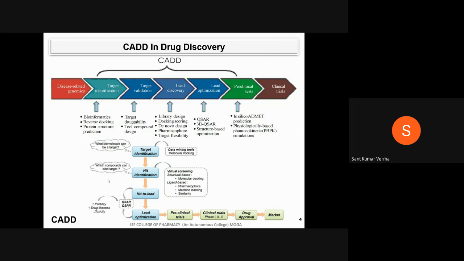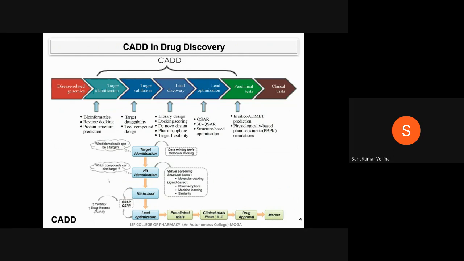So the one step was target identification. You can use molecular docking for the identification of a particular target for a library of ligands, or for an individual ligand. We can screen the ligand.